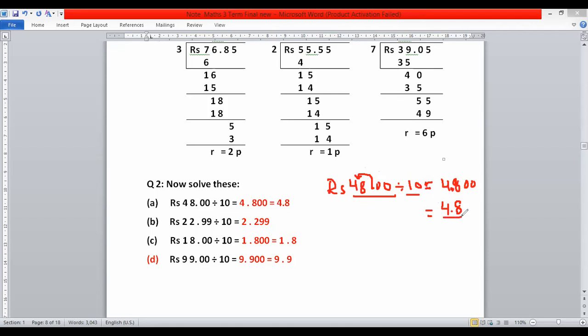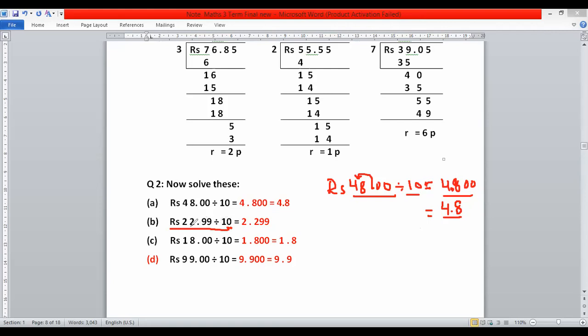Dear students, 4.8 and 4.800, both numbers have the same value. So that is why I'm removing these zeros. You can remove the zeros after the decimal point. Similarly here, look at this part. In this part, Rs 22.99.